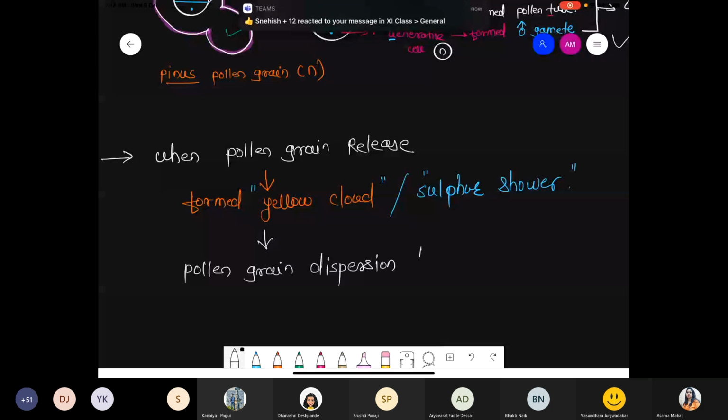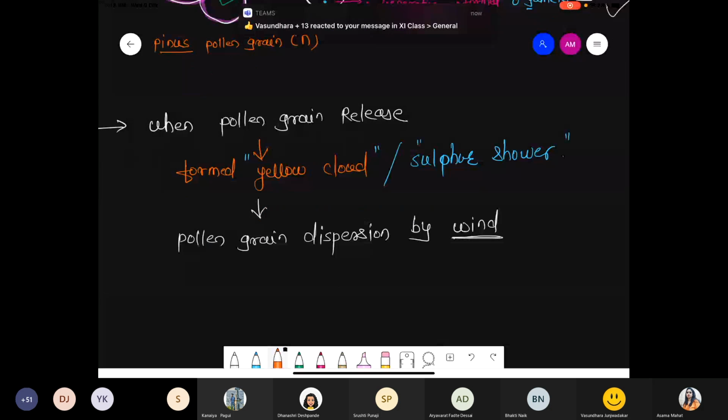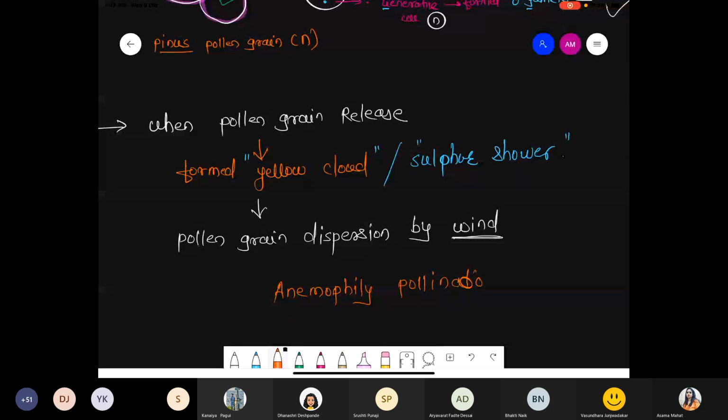And you know very well, if wind is involved, such type of pollination is called anemophily, that is, wind-mediated pollination. Obviously, since the grains are lightweight, wind ultimately gets involved. That's why, purposefully, in the case of Pinus the pollen grains are very lightweight, because through wind currents they can easily show dispersion. Got it?